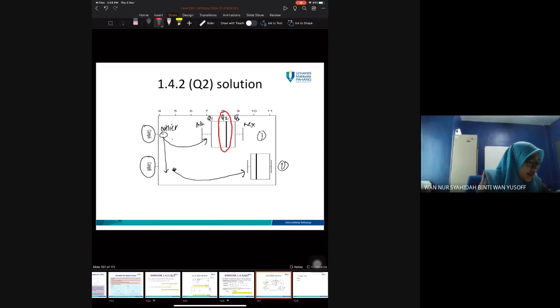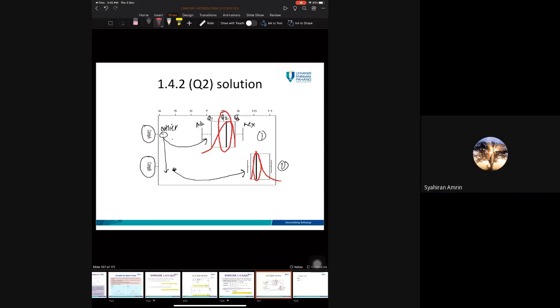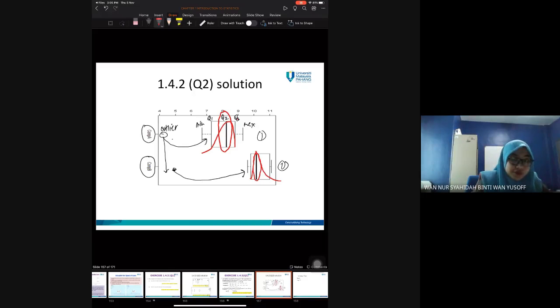In company B, your Q2 here is close to Q1, so what shape do we have here? Positively skewed, or right skewed.